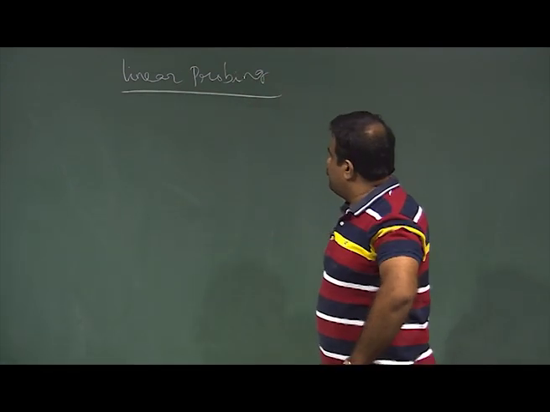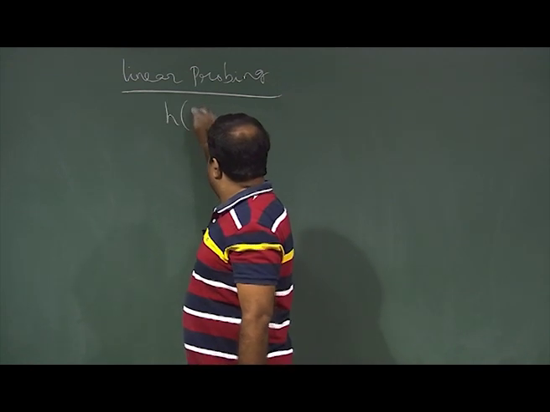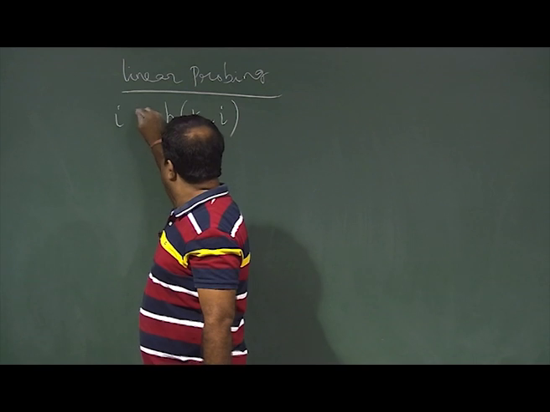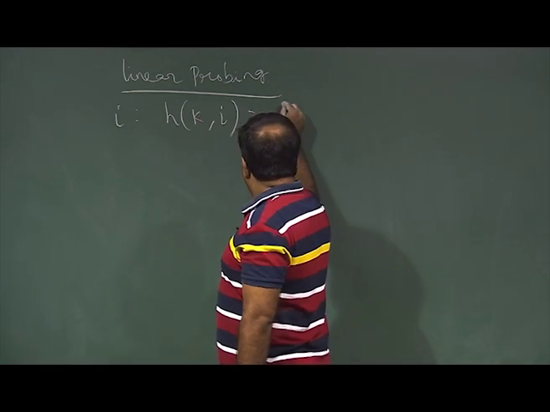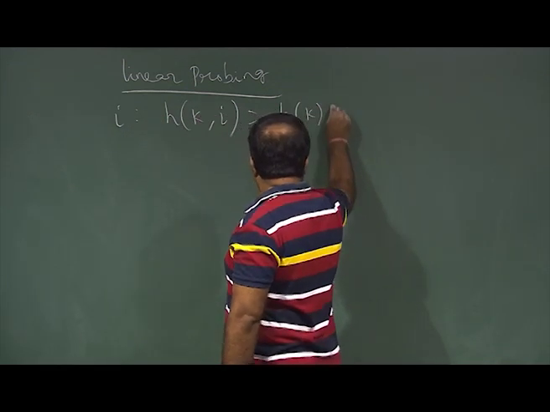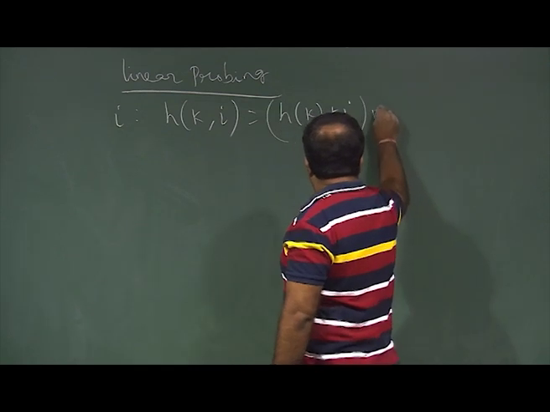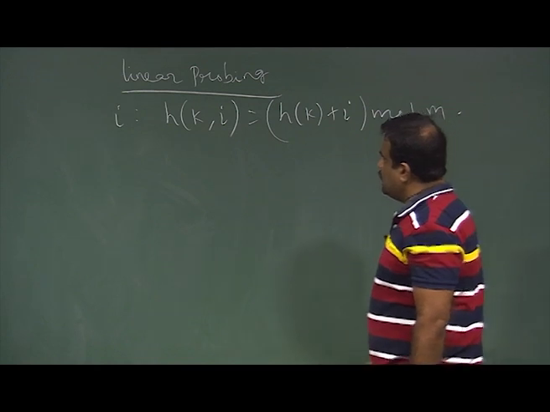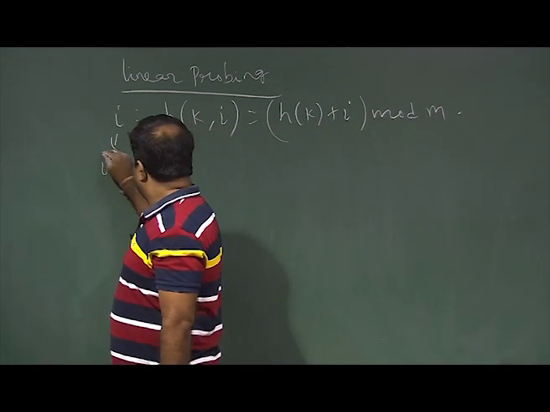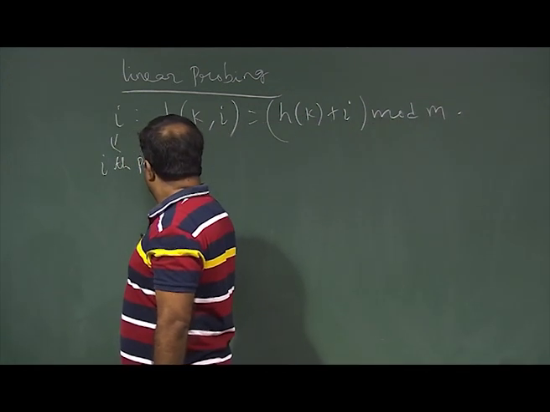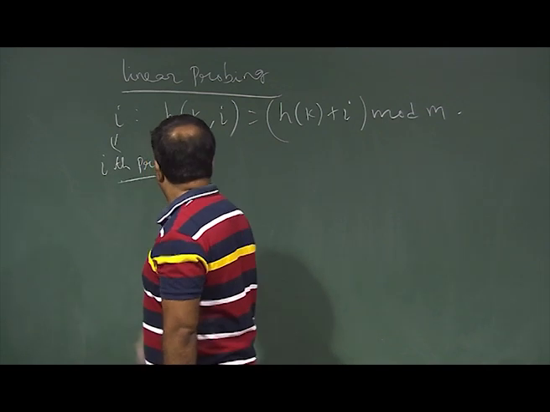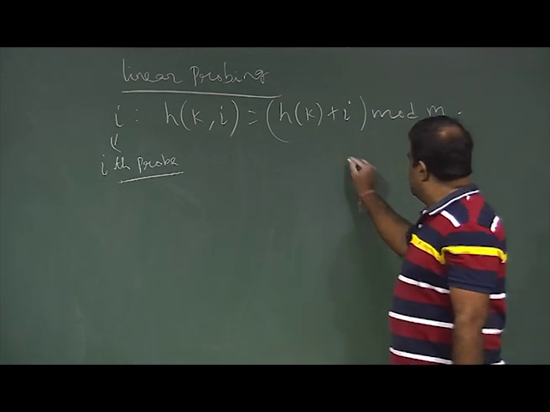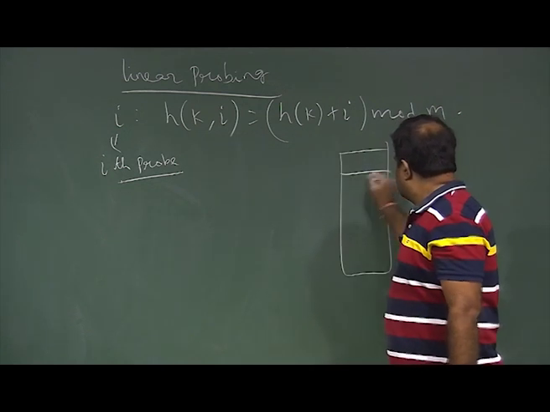So, in linear probing, h of k comma i, the ith probe, is basically h of k plus i mod m. So, this is very simple.